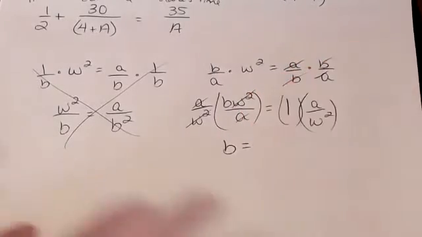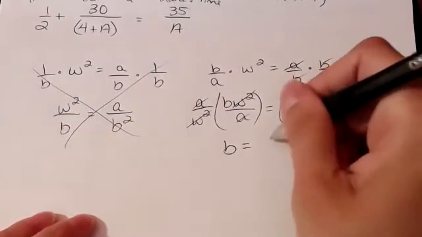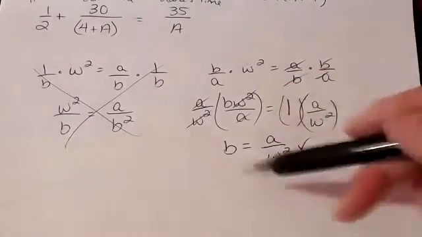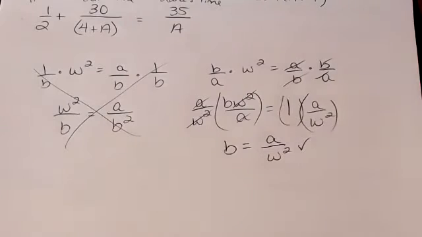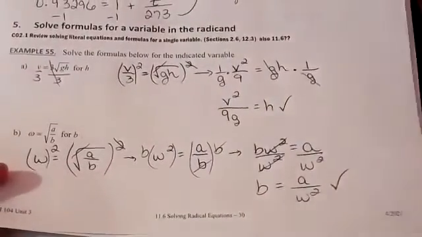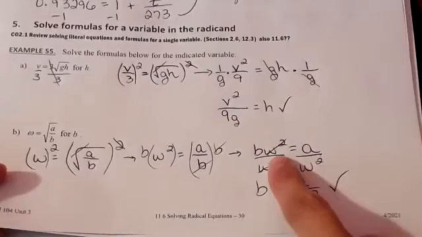So you're left with B by itself. And then 1 times A over W squared is just A over W squared. So we could actually use this approach to find the answer. It's just a little bit more involved than had we just multiplied by our denominator, which was B, and then of course, divide by the W squared.